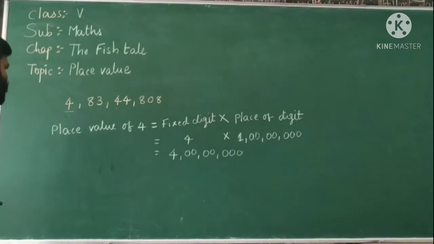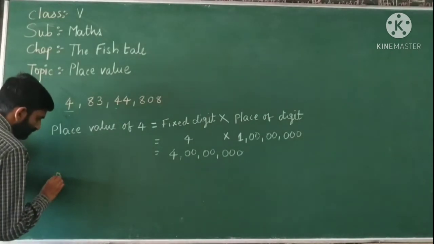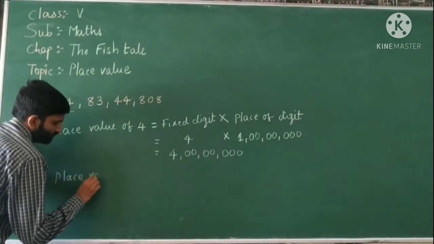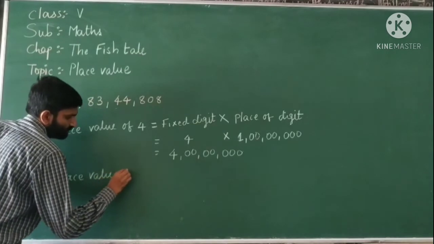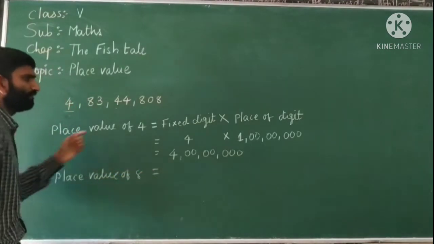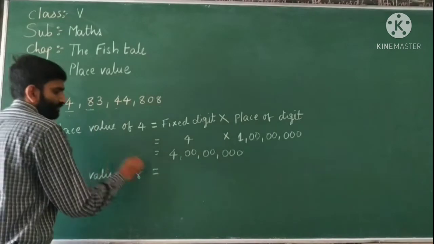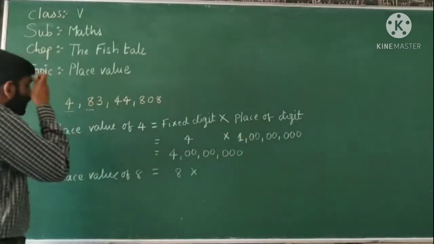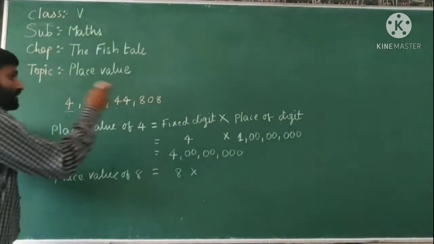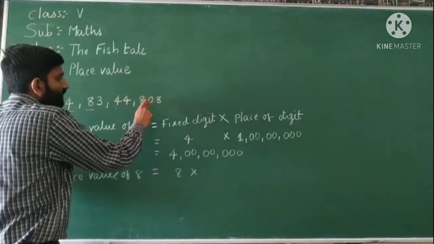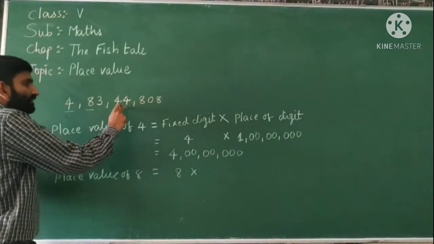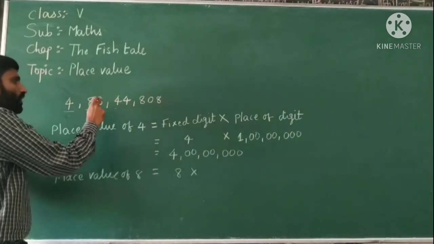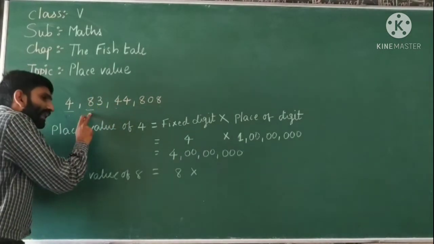Now we'll find out the place value of 8. Again, fixed value, it is 8. So we'll write 8 into the place value. We'll calculate. This is ones, tens, hundreds, thousands, 10,000s, 1 lakh and 10 lakh.